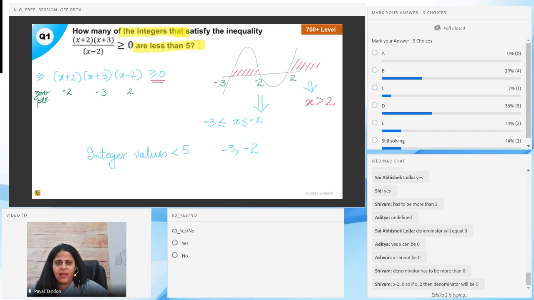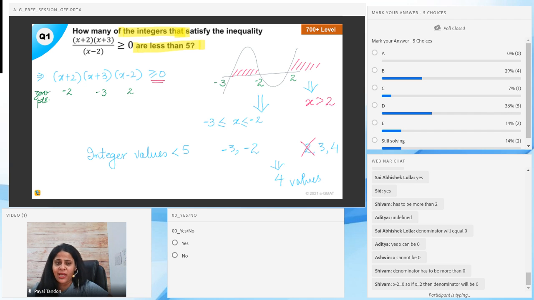From this range, you get -3 and -2, because these are integers. From this next range, you do not get 2, you get 3 and 4, which is where there are 4 values.